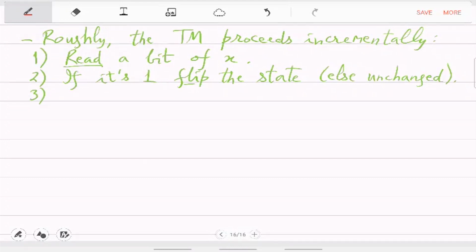because remember 1 plus 1 is 0, while 1 plus 0 is 1. So when you see a 1, you have to flip. When you see a 0, then you don't flip. Okay. Third step is continue till you reach the blank cell in the input tape.